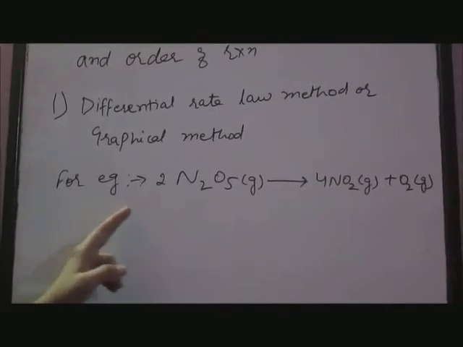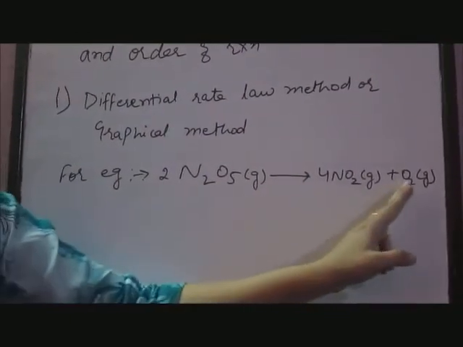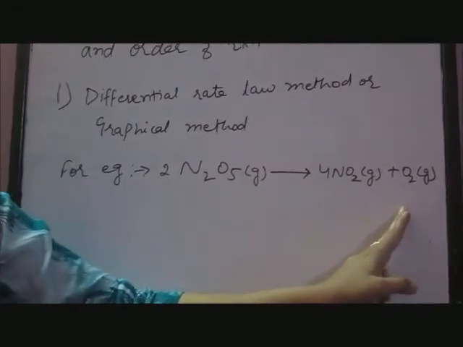For example, consider a reaction of N2O5 which gives 4NO2 plus O2 in gaseous phase.